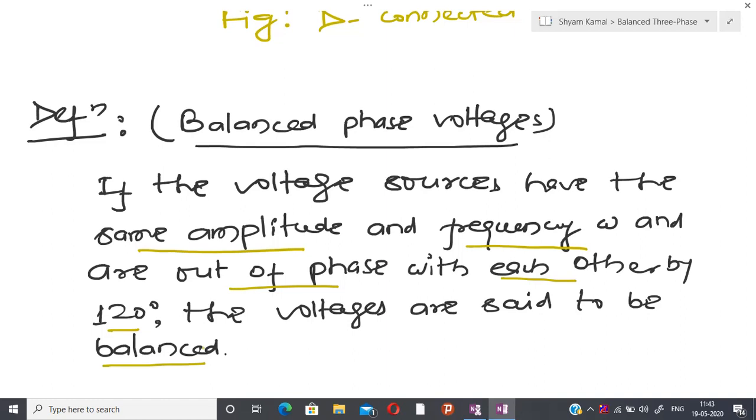If the amplitudes differ, because the frequency is obviously going to remain the same, since we are talking about a polyphase system where we have different phases but assume the same frequency, that is the meaning of unbalanced phase voltage. But in this particular course I am going to focus on the balanced phase voltage.